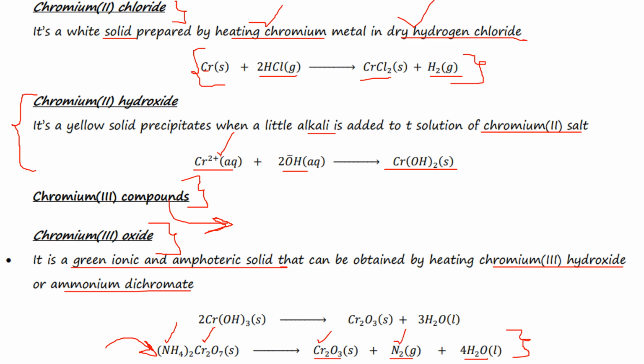Next atom is going to be oxygen, and we balance oxygen using the water molecule. So if you know that you're having oxygen to be 3 here and you're having 7 oxygen atoms on your left hand side, that means that on water you put here 4 to ensure that oxygen atoms are balanced. When you're having water on one side, you always balance oxygen atoms using the water molecule, just like we looked at under reactions that involve alkalis.